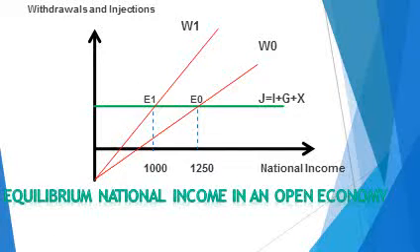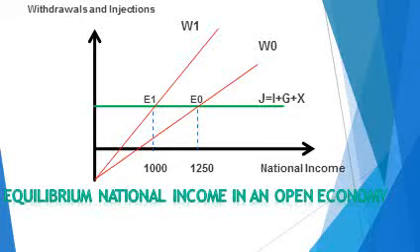According to the change in the marginal propensity to import in your exercise in your text, you have a new graph. As the marginal propensity to import increases, your national income decreases.